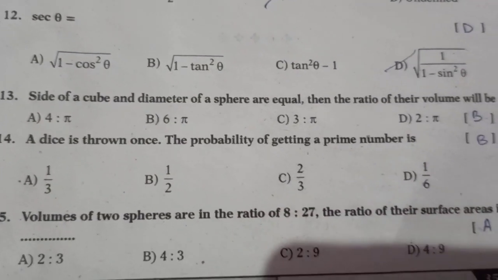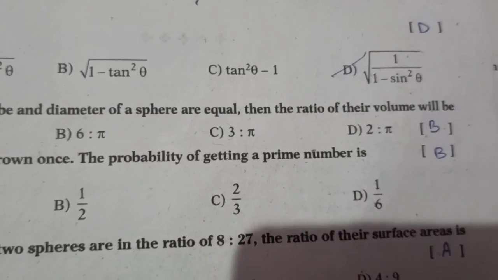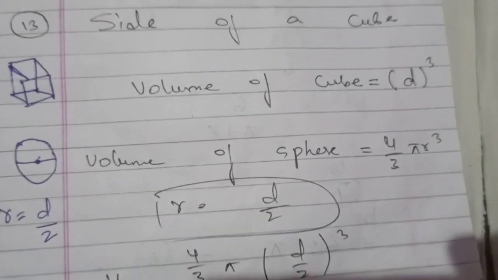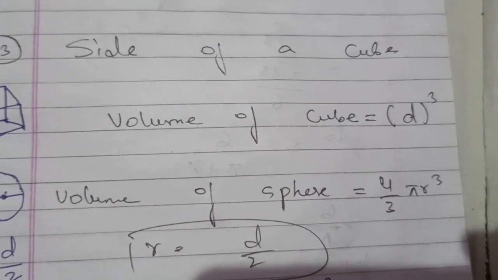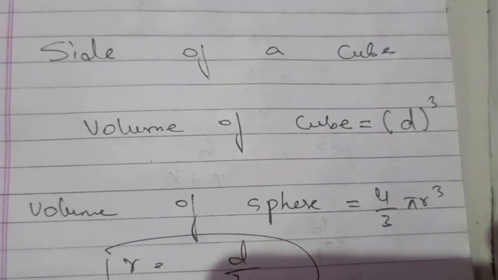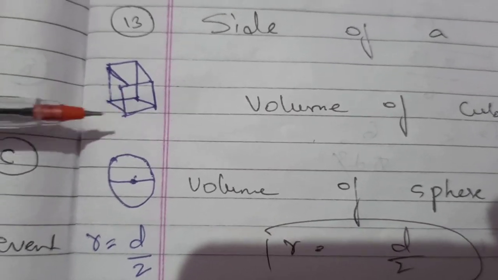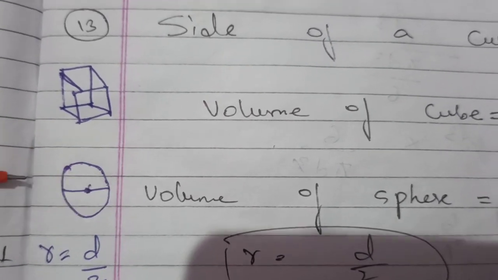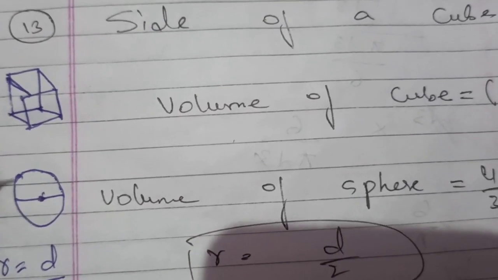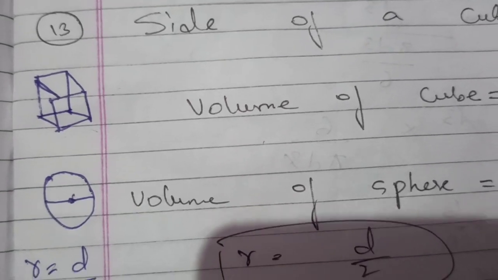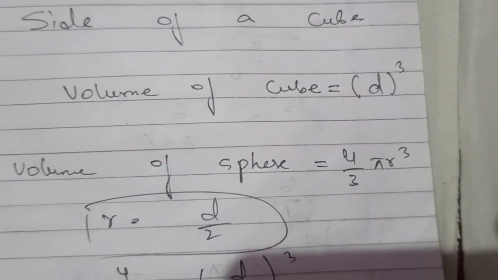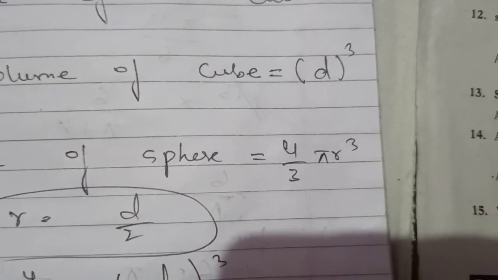These both are equal, so we have to find the ratio of their volume. So here the volume of a cube is what? Since he said the side of a cube and the diameter of the sphere are equal, we are taking this as d only. So it's d cube, and the volume of a sphere formula is 4 by 3 pi r cube.